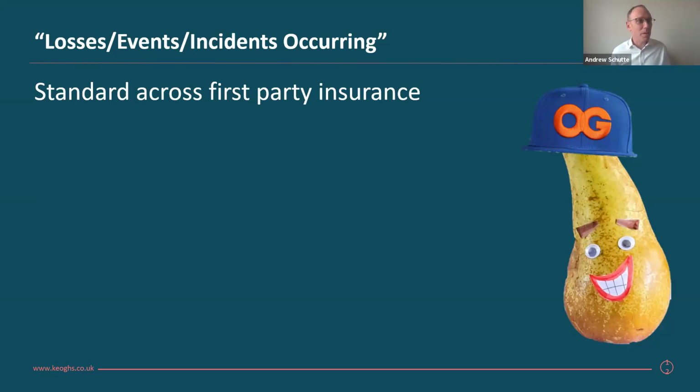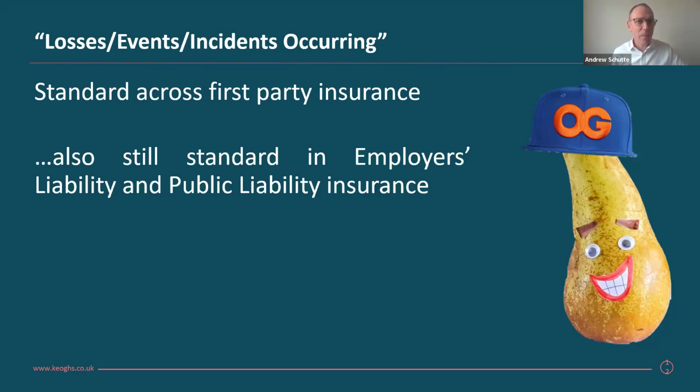So if you're not sure, hold on to that. But basically, for property and other things, it's standard losses occurring cover. And you also still see it in two types of third-party insurance, EL and PL, employer's liability and public liability. So it's still very much part of the landscape, and it always has been.